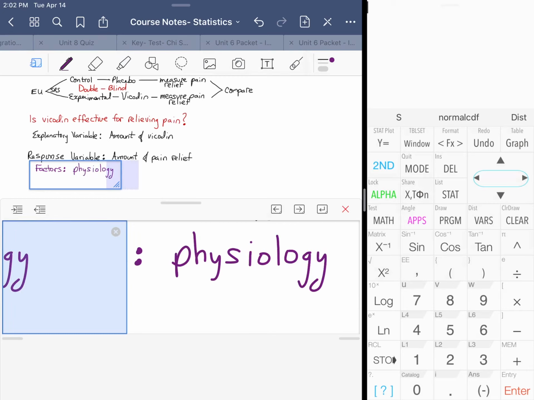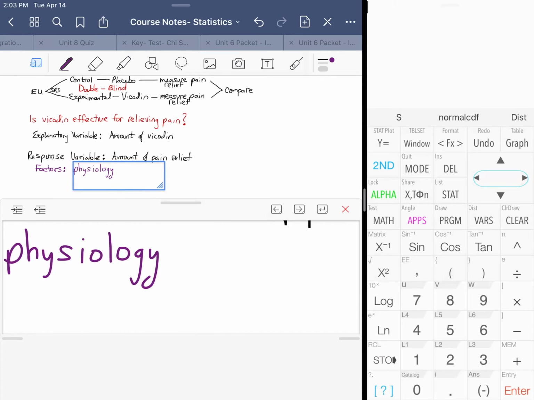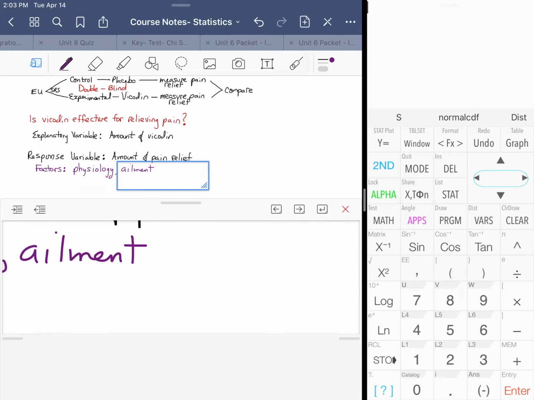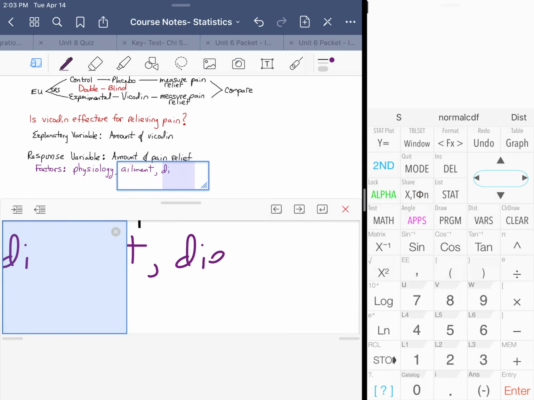We could be talking about physiology. I mean, if you decide on a set dosage, a person's height, weight, age, things like that might come into play. The type of ailment causing the pain. The diet.